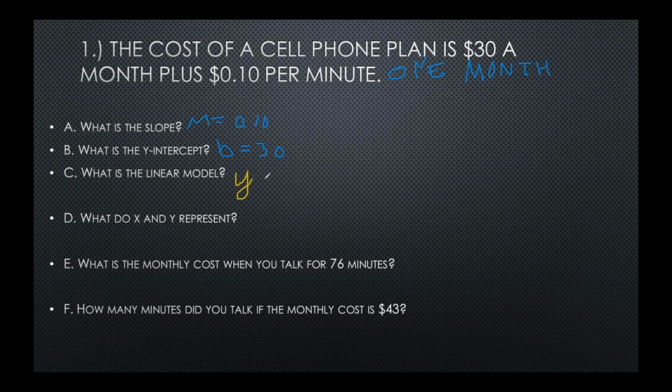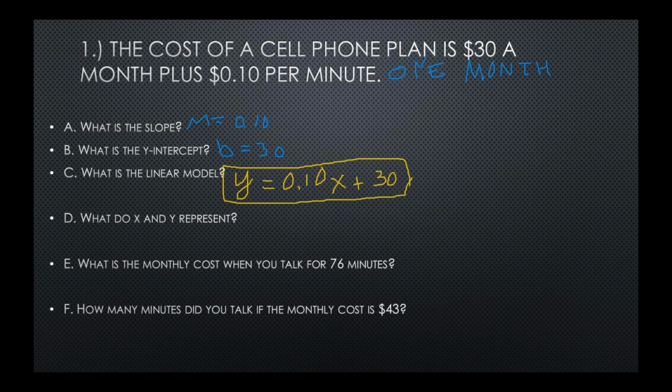We always start with y. Our slope goes in front of our x value, and we have plus 30. So this is our linear model. Once you have the slope and the y-intercept, it's pretty easy to put those pieces together. But you have to have the slope and the y-intercept first.